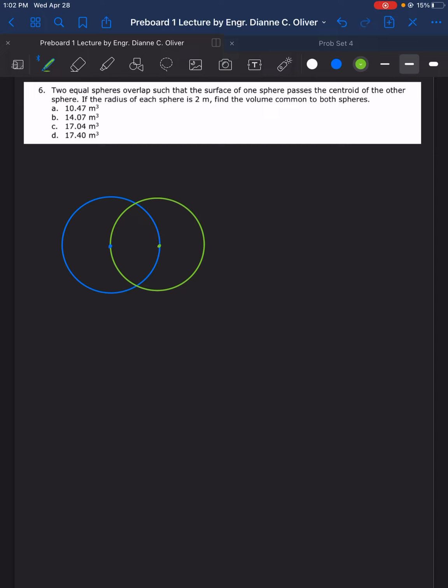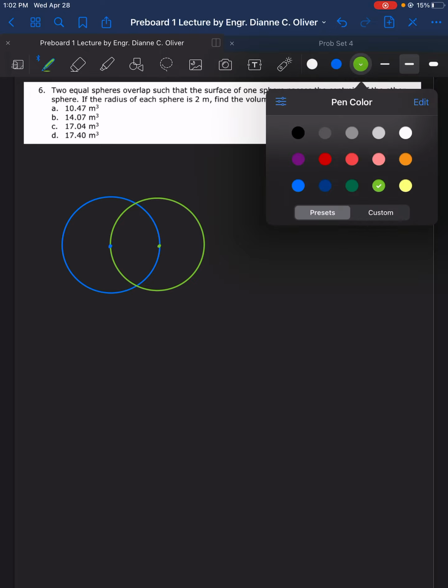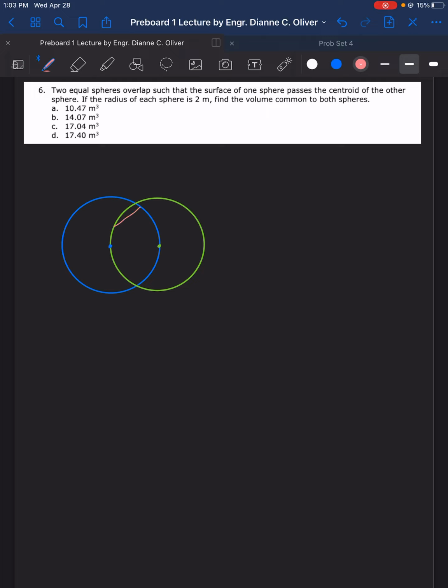And we're looking for the volume common to both spheres. So we're looking at the volume of this portion here. Of course it's in 3D, it's volume. So imagine that. So how do we solve that?